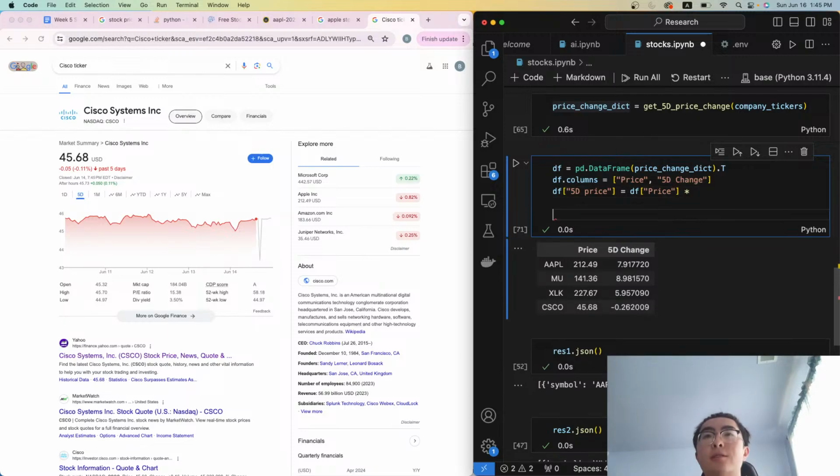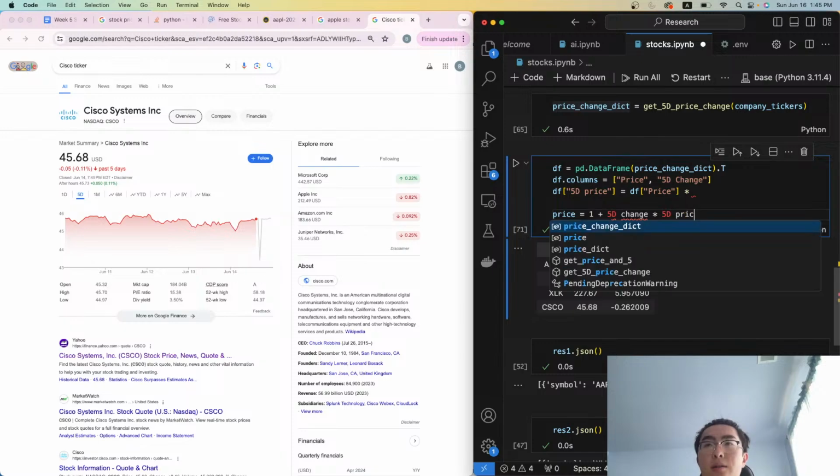So let me think about this. So price today is equal to 1 plus the 5D change times 5-day price, right?